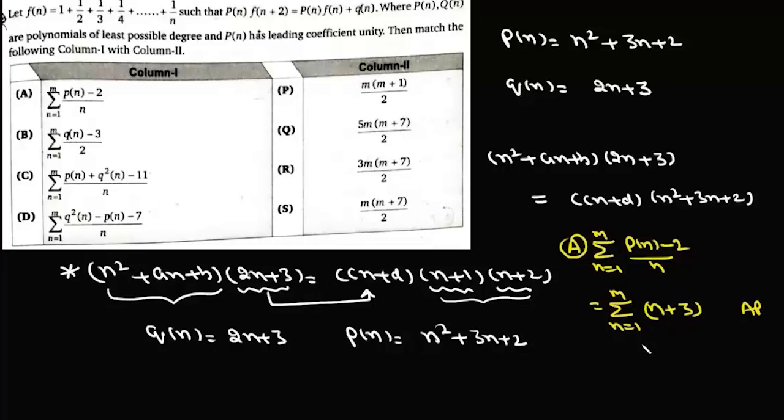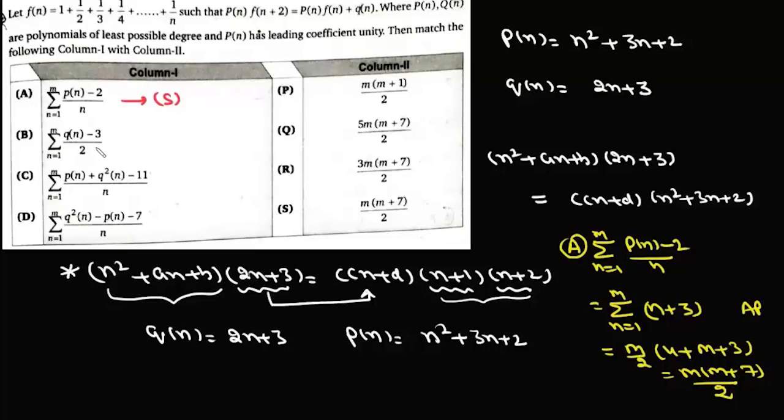Now for this AP, number of terms is m, first term is 4, and last term is m plus 3. So its sum will be m by 2 into 4 plus m plus 3. So there will be m into m plus 7 by 2. That means this option A matches with S.